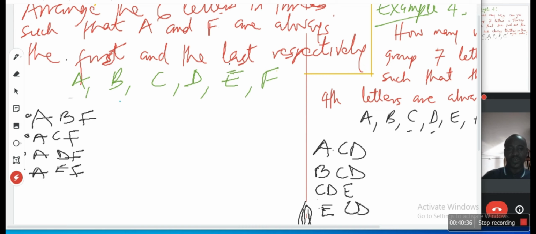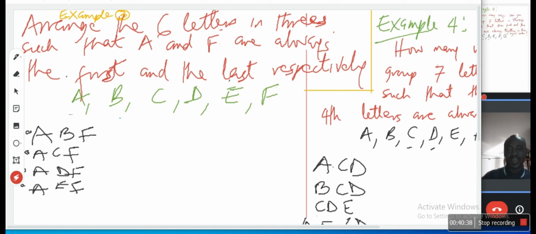You can't write it because we've already been told that A and F are conditional permutations. A and F must be the first and the last. In non-conditional permutation, A, B, F and F, B, A are two different things. For arrangement, yes.